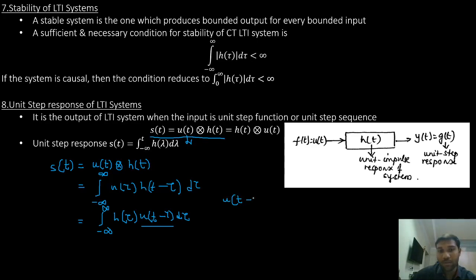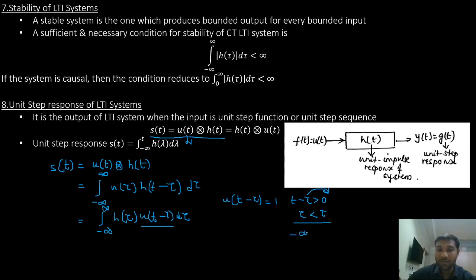Now, how can I define u of t minus tau? U of t minus tau is equal to 1 when t minus tau is greater than 0. For all other values it is 0. So if I take this tau to the other side, my tau is less than t. So what is the range of tau?